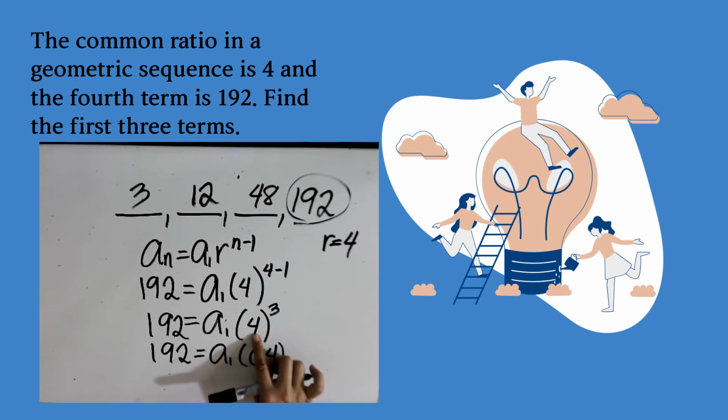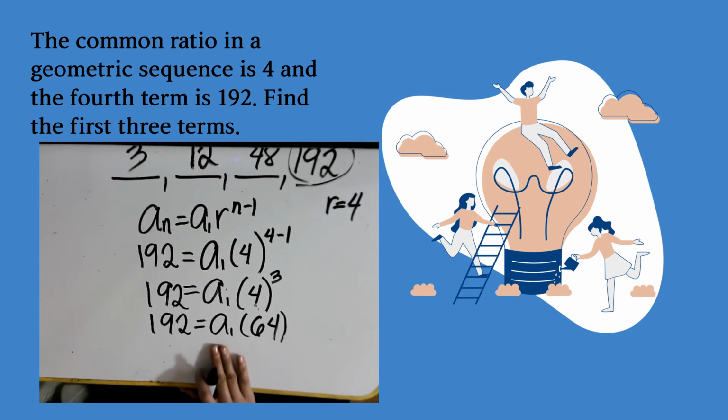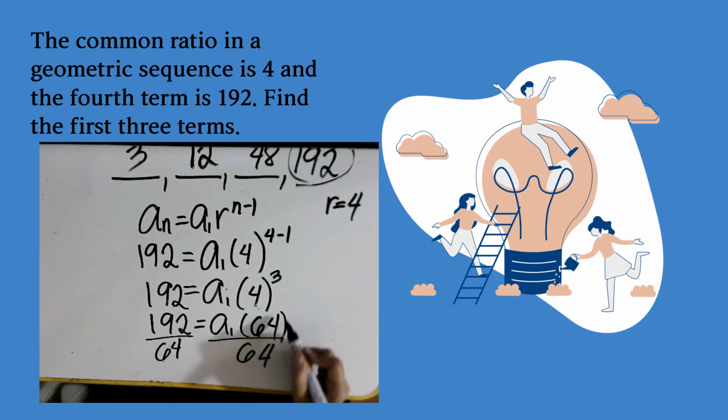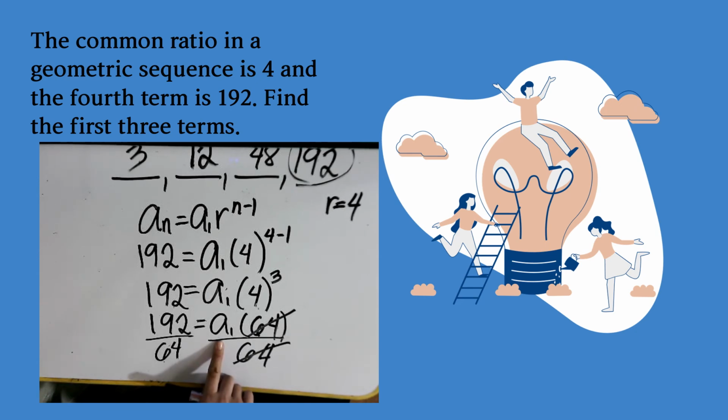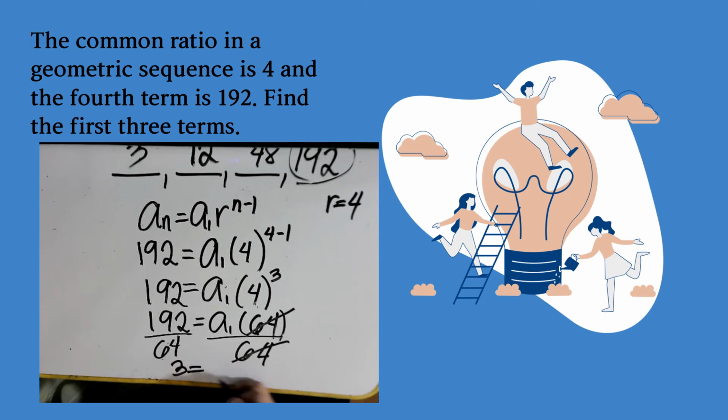And then, since we are solving for the first term, we can divide both sides by 64. Para makakancel na lang to, ang maiiwan na lang sa right side ay a sub 1. Tapos, doon naman sa left side, i-divide natin yung 192 kay 64. 192 divided by 64 is equal to 3. Ayan. So, the first term is 3.